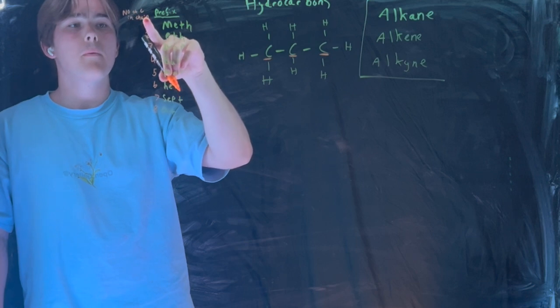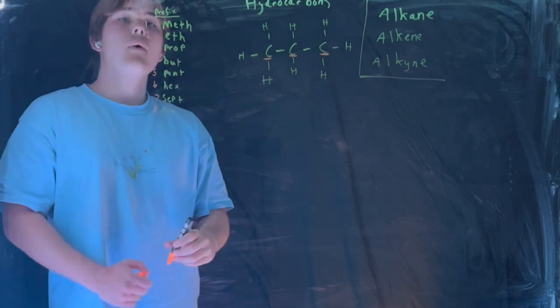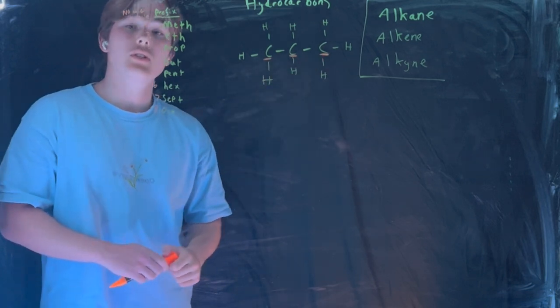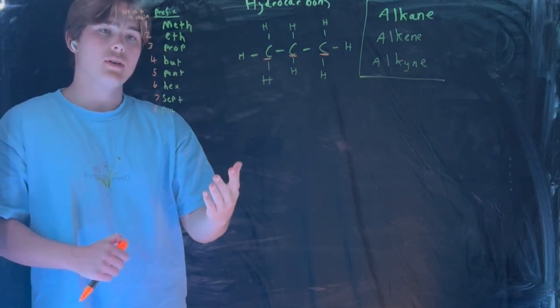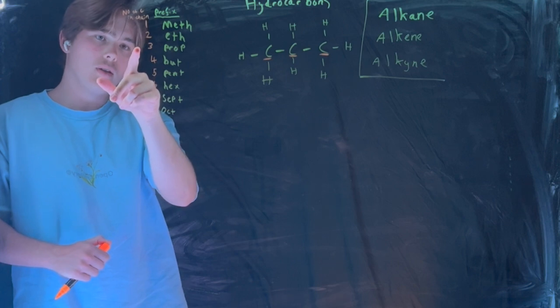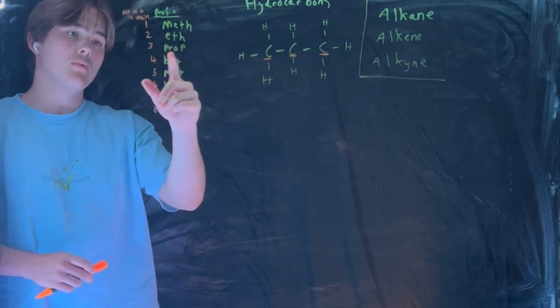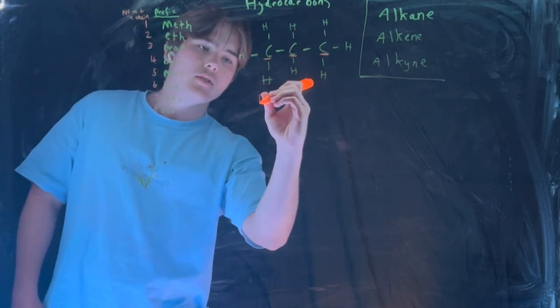This one here, we have 3 carbons in the chain. So I'm going to look at these prefixes here. We go down, we've got 3 carbons in the chain, so the prefix, or the start of the word, is going to be prop.